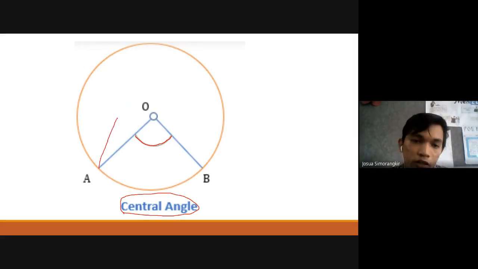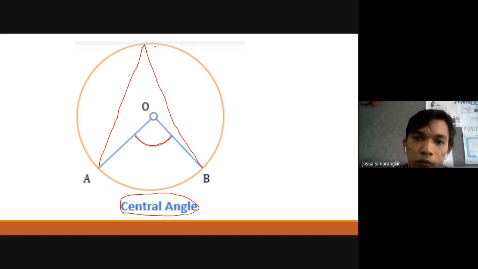Let's write another inscribed angle at any point, subscribed to the same arc. Let's say a point here, point C, subscribed to arc AB.